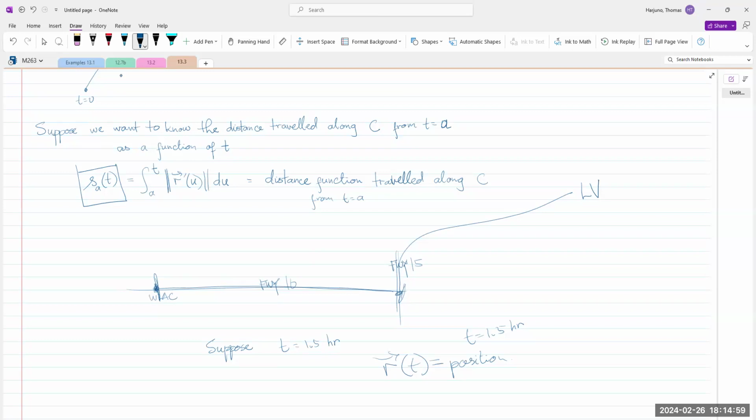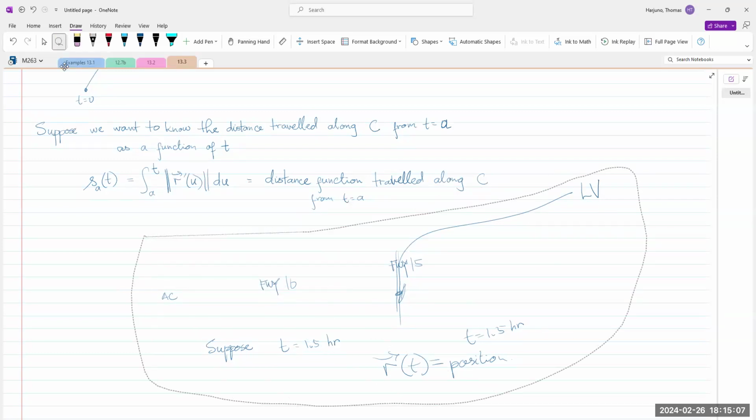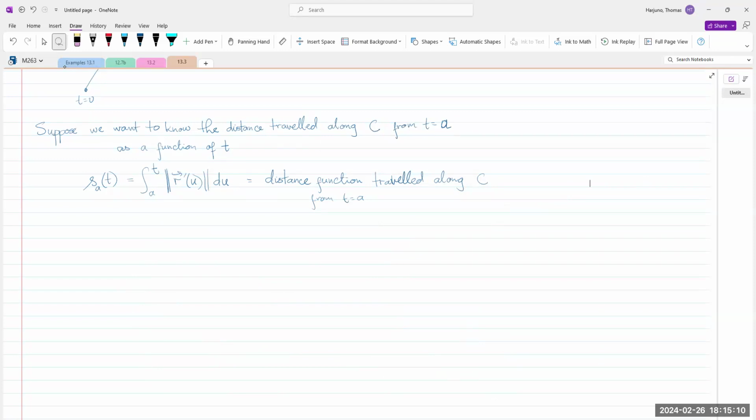Okay, now let's do some examples to see this better. For example, let's say r(t) equals e to the 2t cosine 2t, e to the 2t sine 2t, and 2.